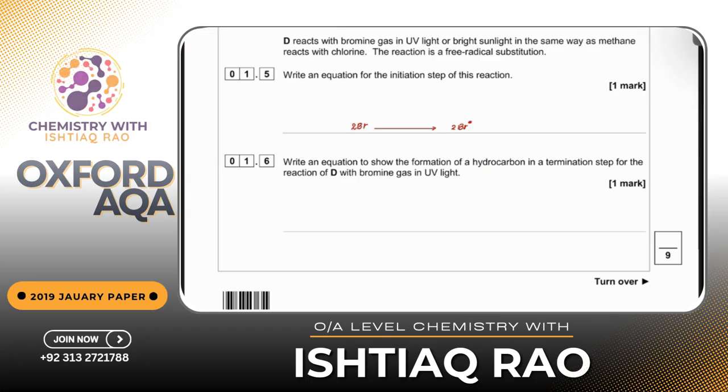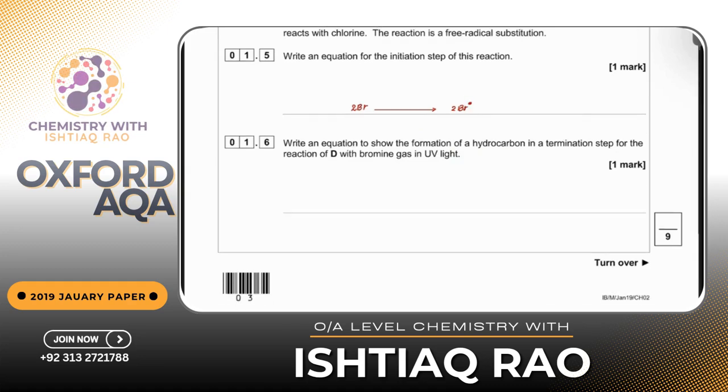The radical reacts with a radical. When they react with each other, unpaired electrons will be paired. So radicals are eliminated. That is known as the termination step.